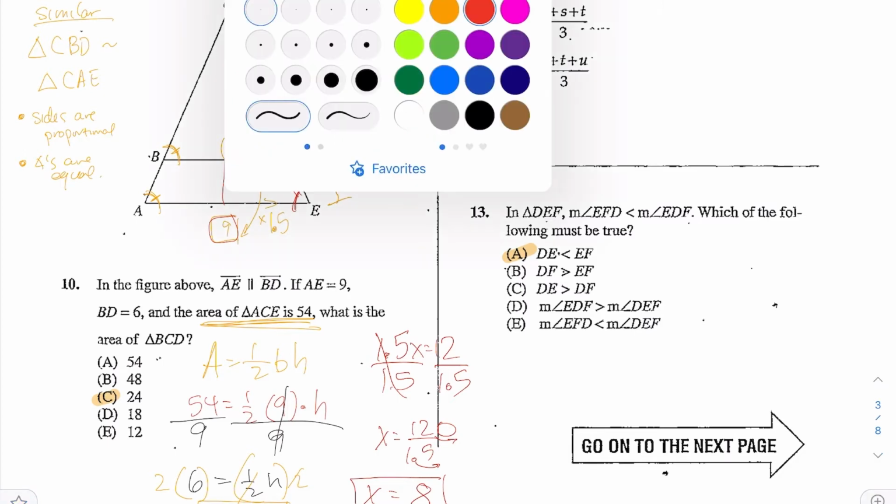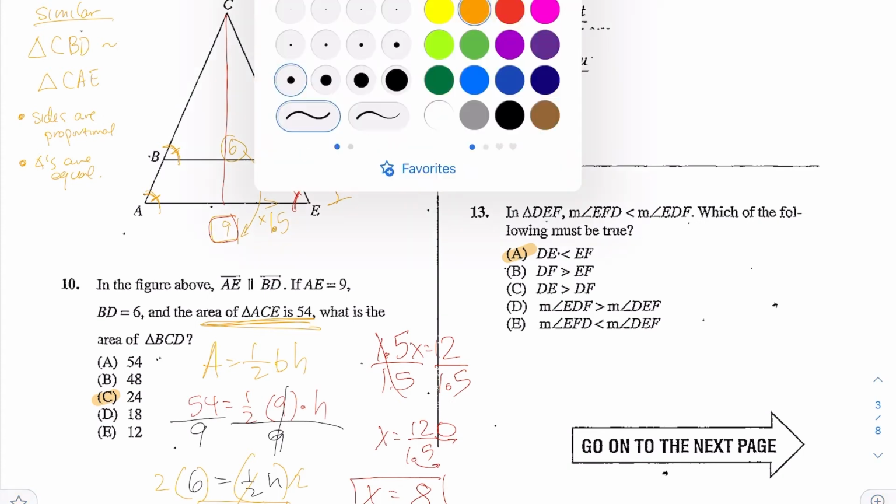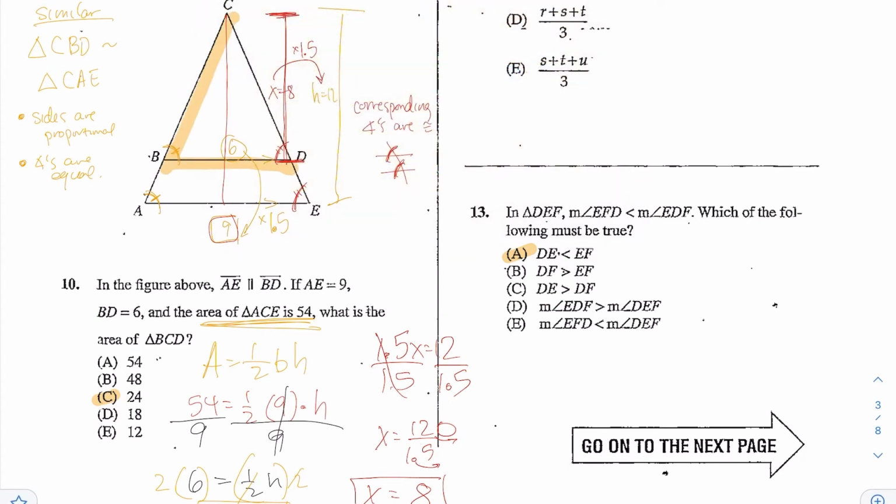So now you have all the information to figure out the area of the top triangle, BCD, because the base is equal to 6 and the height is equal to 8. So it'll be 1/2 times 6 times 8, or 3 times 8, which is 24. So that's going to be choice C.